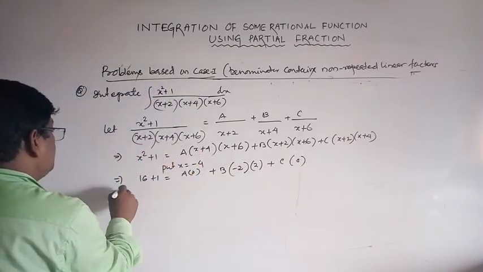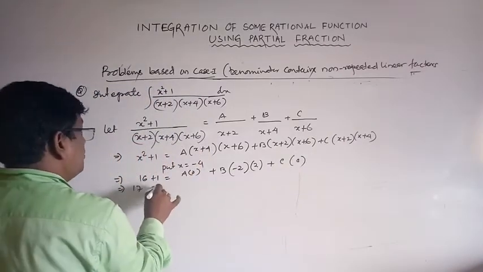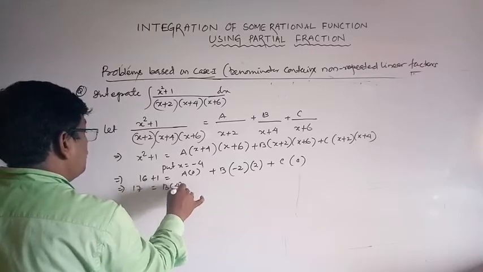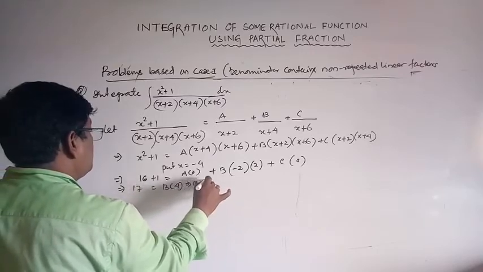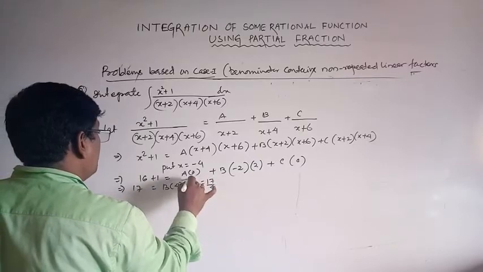So 17 is equal to what? 17 is equal to B into 4. Now B is equal to 17 by 4.